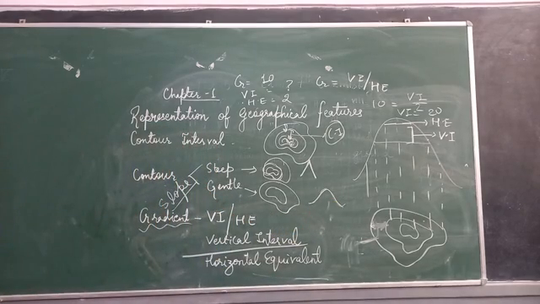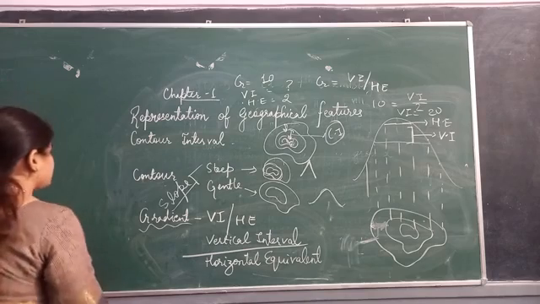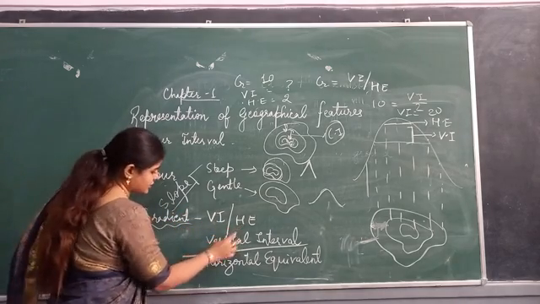Now we will study about the gradient, children. What do you mean by gradient? Gradient is slope. The meaning of gradient is slope. The formula of gradient is Vi upon He.